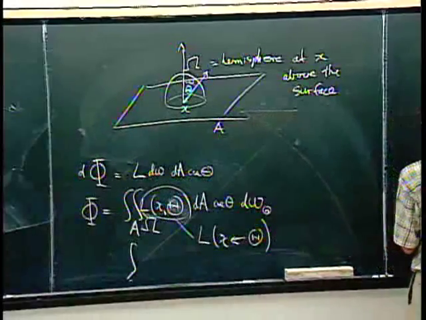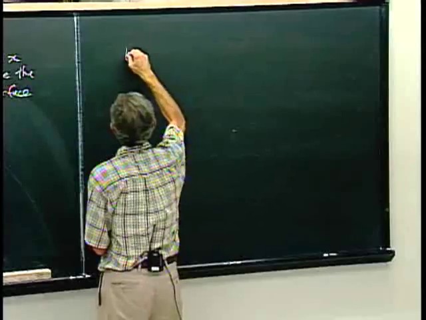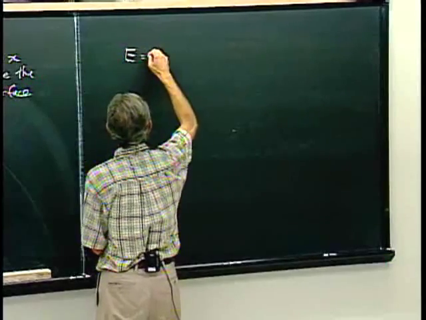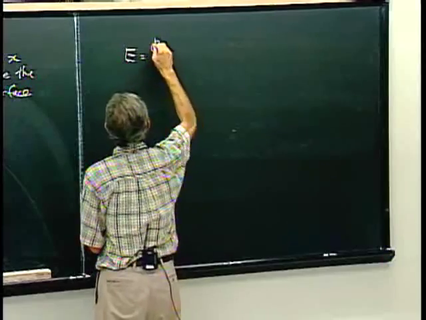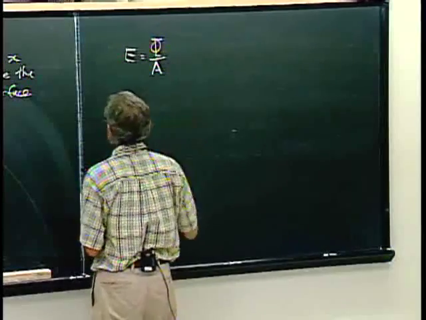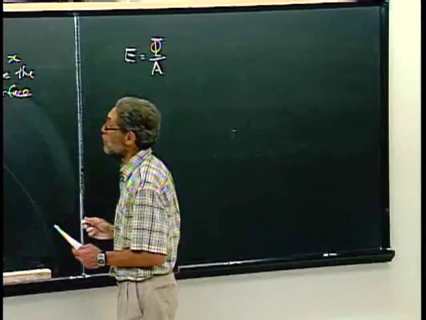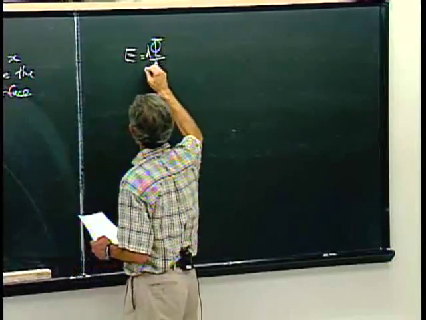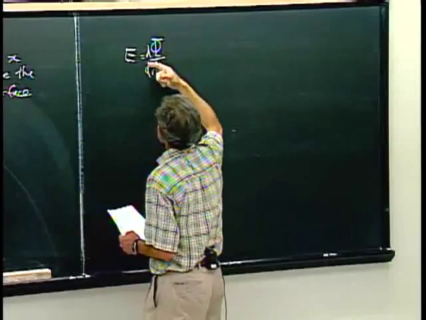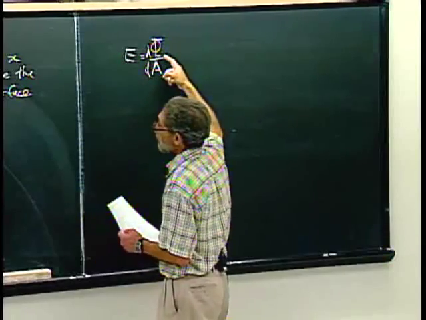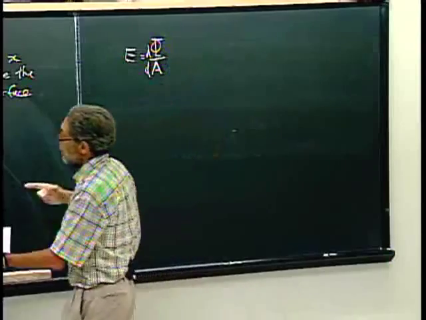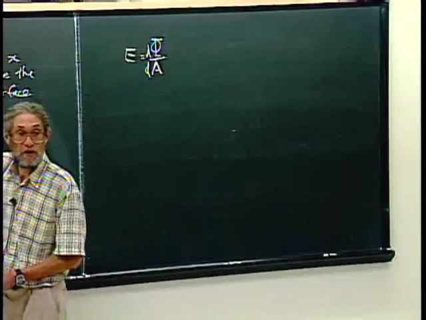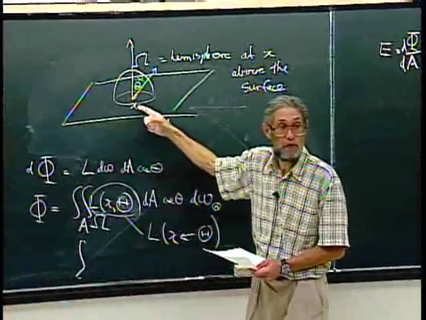So now I can say the irradiance should be this flux over the area. Maybe I'll say d phi over dA, where now this is the integral similar to what I have here, but for a small area where the area is so small that the flux really doesn't depend on this position x.